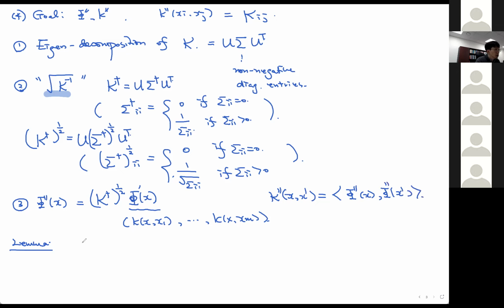If we do so, then it actually satisfies the property that we want. So the theorem says that for ij, if we compute the inner product, the kernel K double prime similarity between xi and xj, that is exactly the same as the ij entry of the kernel matrix. Okay, so that's exactly the statement that we are looking for.